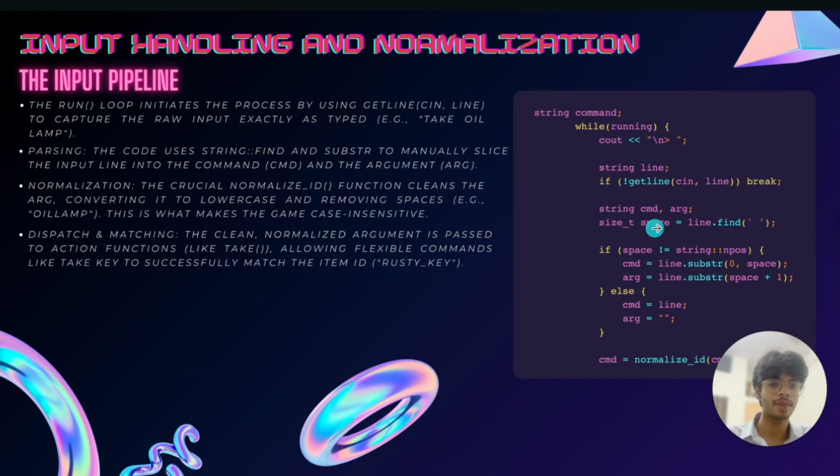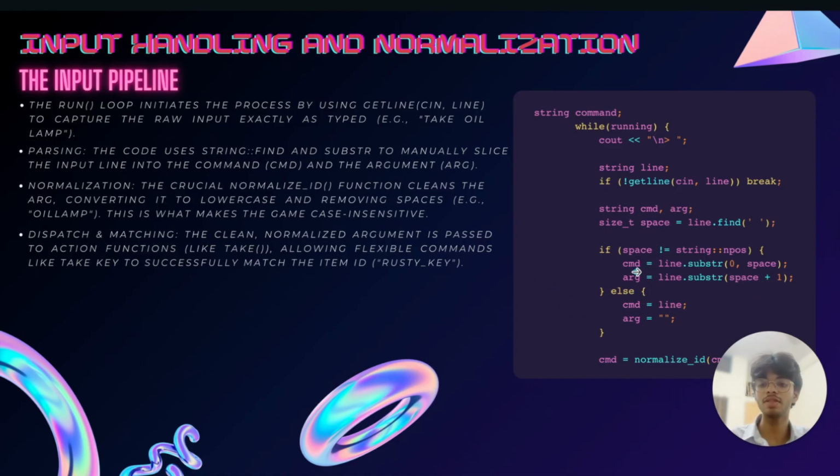First, we define the string command and argument, then we find the space, and if the space is found, then we take input in the command like the line substr from 0 to the space where we have found the space, and after that we store the other part in the argument from the space plus 1.